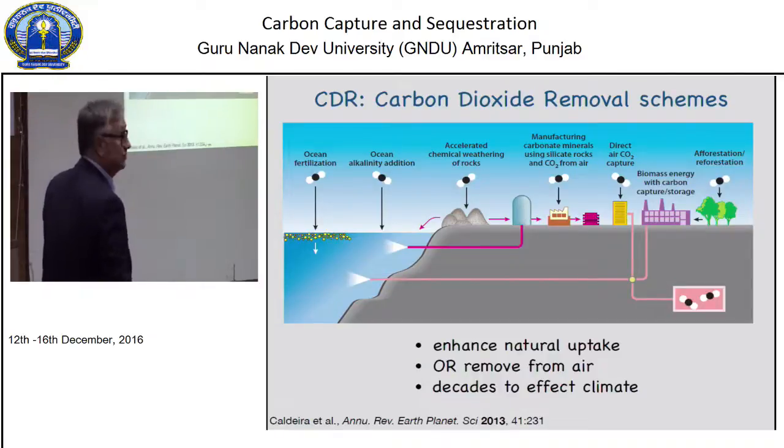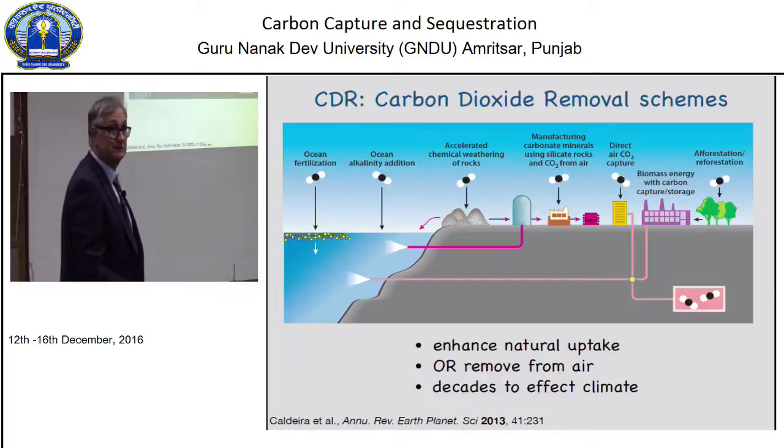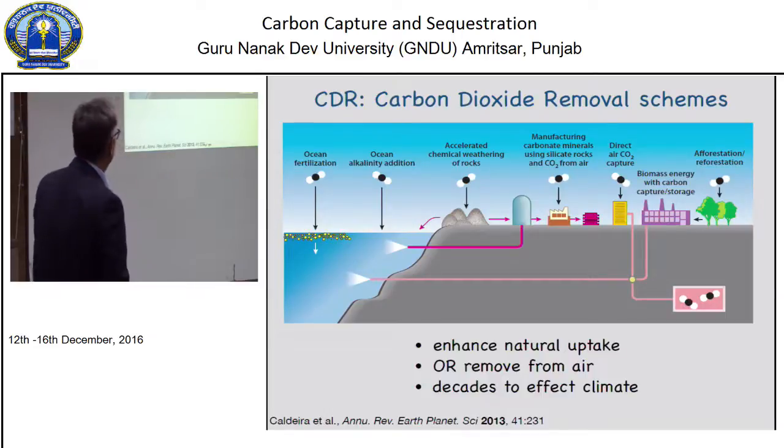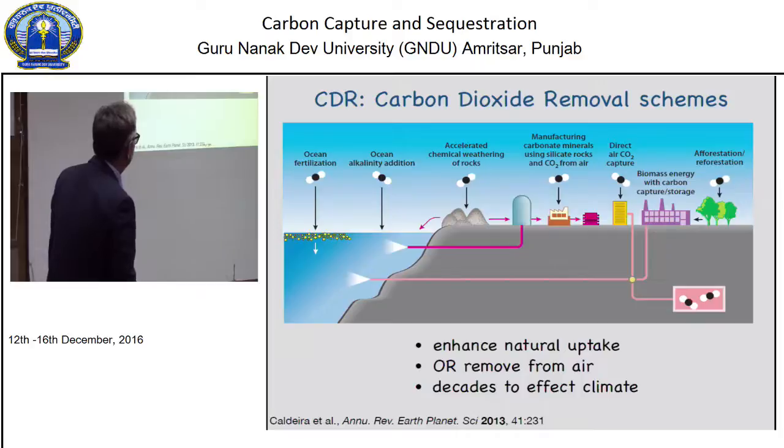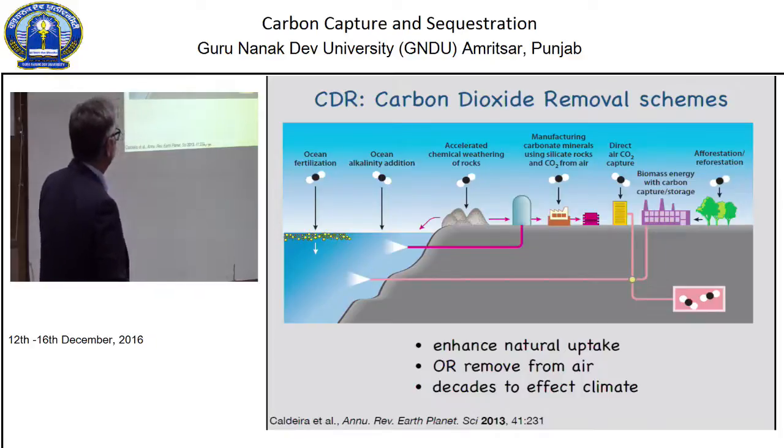How about if I just plant trees? Wouldn't that be good enough? Let's just plant a lot of trees. Or I could use trees to make energy, and in burning the trees, rather than let the smoke go into the air, I pump the CO2 underground. This is so-called BECCS, biomass energy with carbon capture and storage.